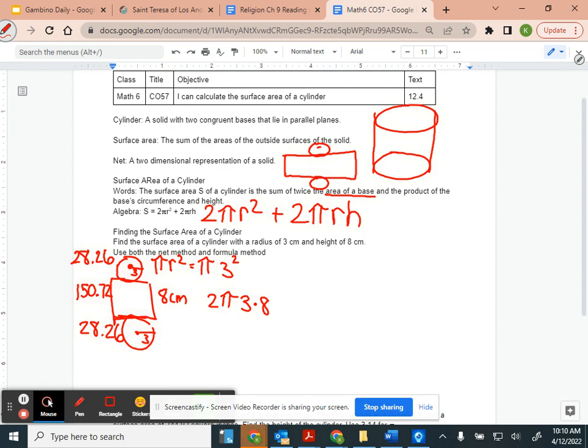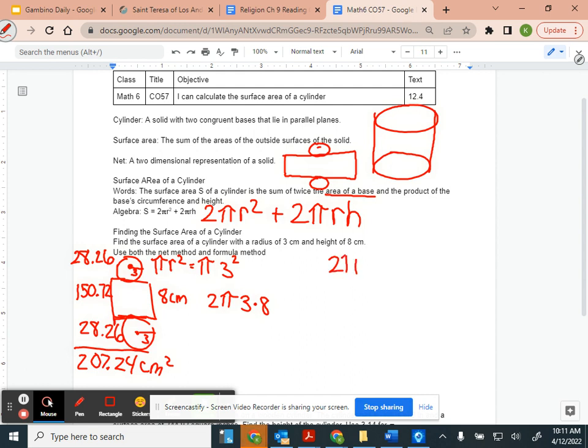So if we added them all up, what did you get, Bria? 207.24. And then it would be centimeters squared. So if we're going to do it with our formula method, we don't have to do the net.